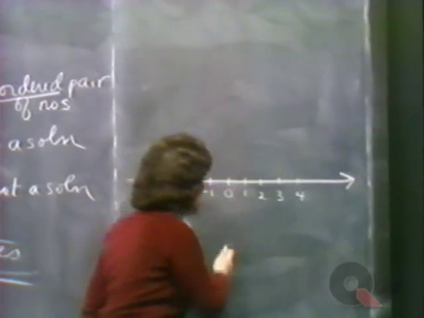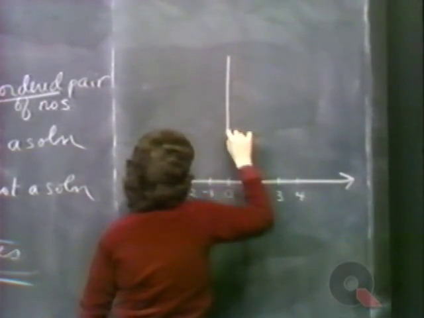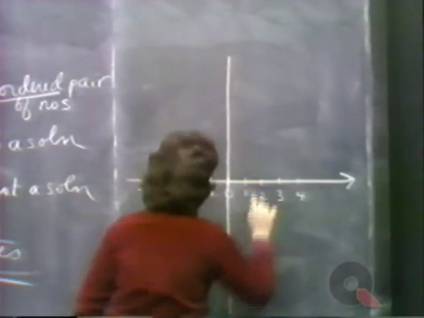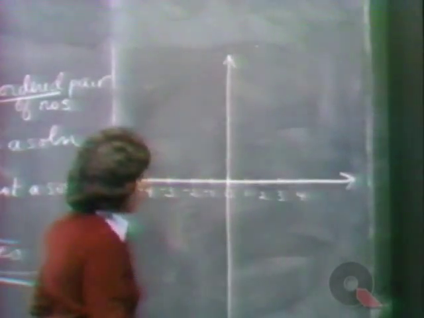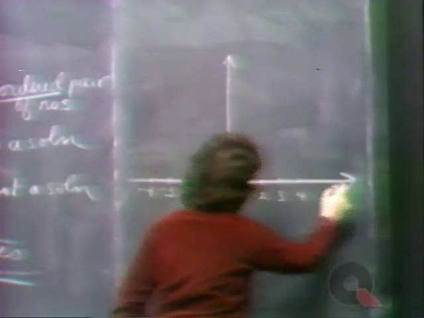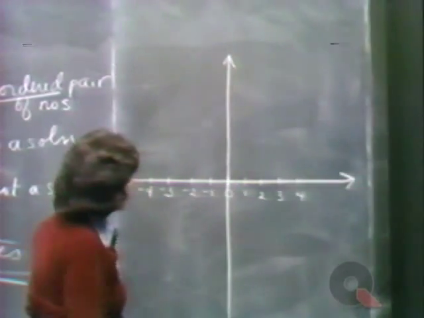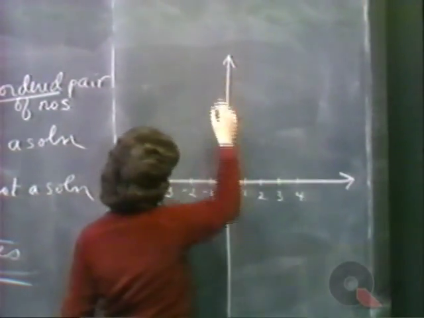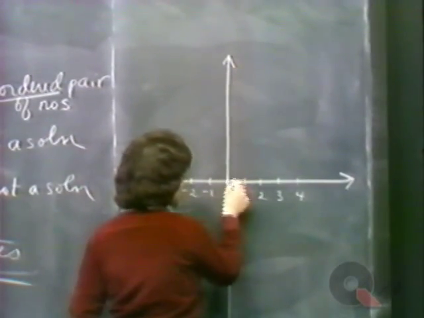Then run another number line perpendicular to this number line, crossing through 0, like so. This other number line also has a positive direction. Although this is arbitrary, we're going to adopt the convention that the number line that's horizontal will have its positive direction on the right. Its negative numbers will be on the left. The number line that is vertical will have its positive direction upward, and its negative numbers will be down here.